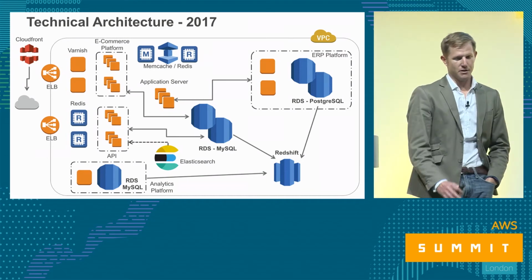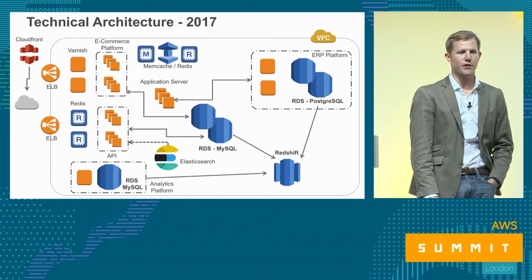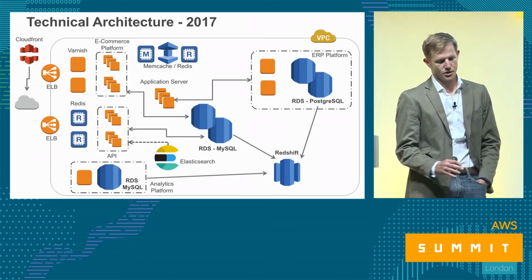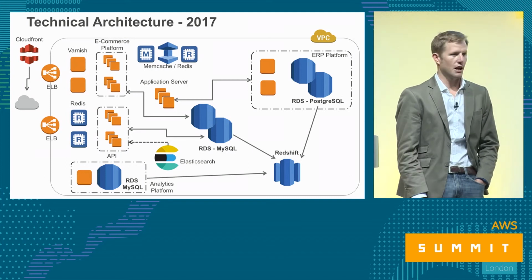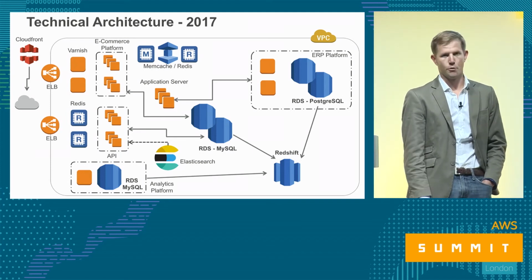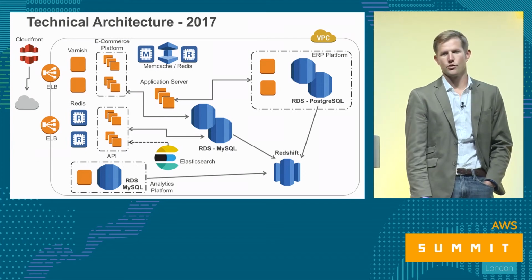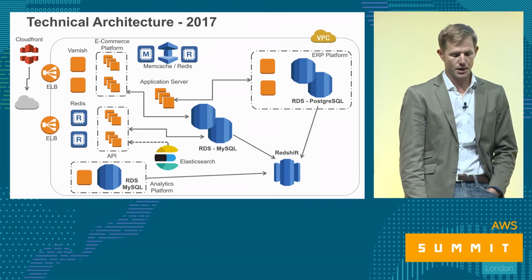So right now, this is a simplified high-level overview of our architecture. We've got 3 core applications. One is the e-commerce platform, and then we're running an API, which we use for powering our iOS app.